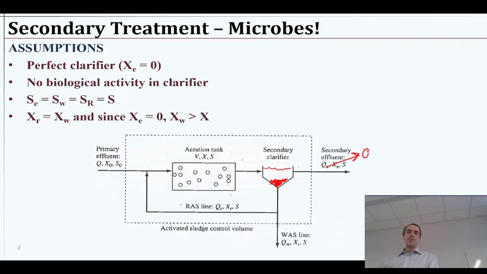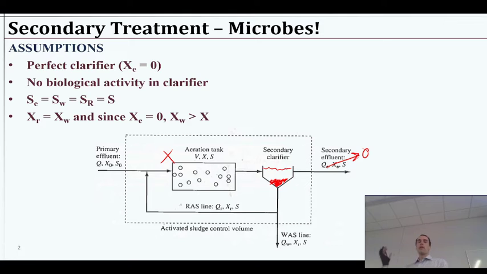That becomes a disaster because then you no longer have the separation here, meaning you can't send a bunch of bacteria back to recycle. Providing a high concentration of X in here is pretty important because they're doing all the degradation of the food.